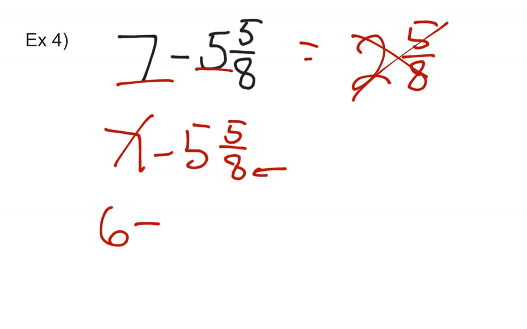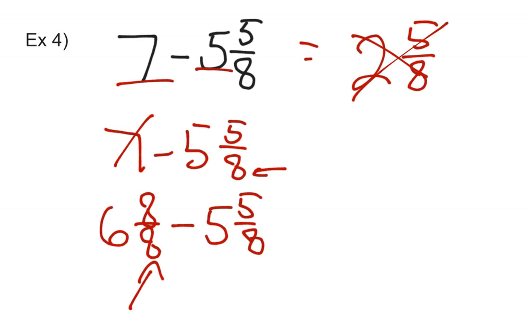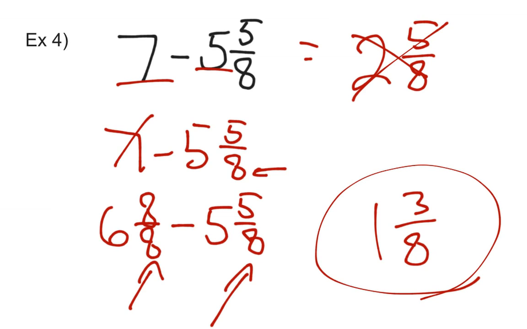I'm going to choose to write it 8 over 8 so that I have common denominators. So the one that I borrowed from the 7, I made into 8/8. And then I can rewrite this as 5 and 5/8. And now that allows me to do the problem. But I chose the 8 so that my denominators were the same. 8/8 minus 5/8 is 3/8. Whole number parts, 6 minus 5 is 1, to get 1 and 3/8. That's our lesson for today.